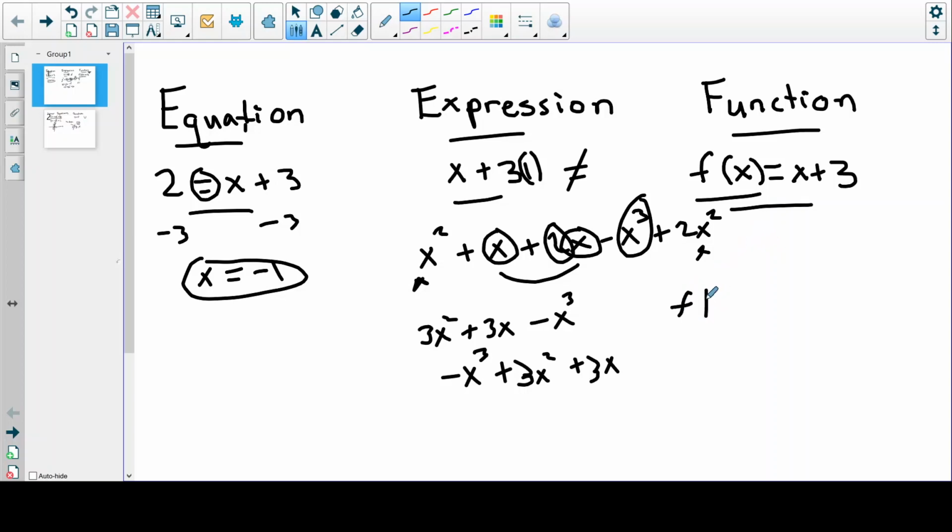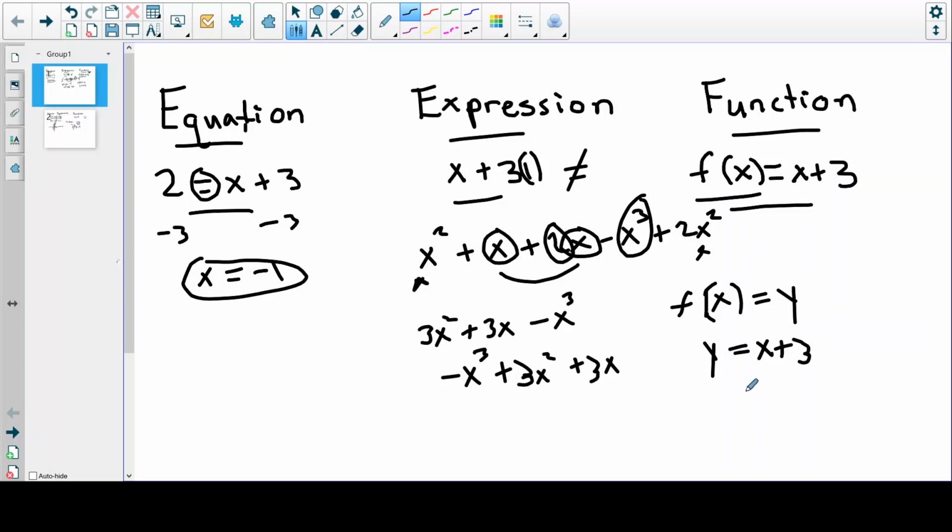You can almost think of f of x as being equal to y. So you may see this written as y equals x plus 3. That's still technically a function, and it's a function of x. That's what the f of x stands for, function of x.